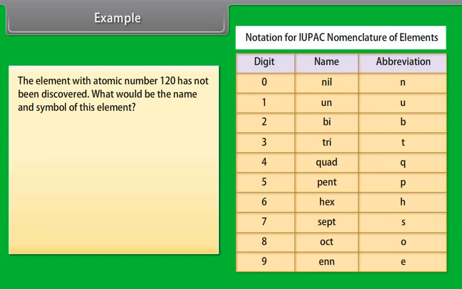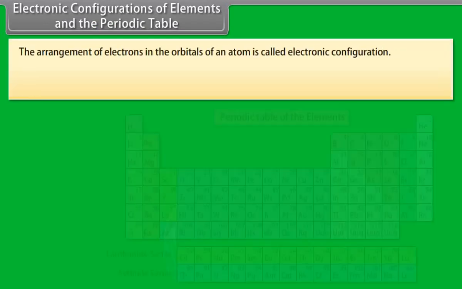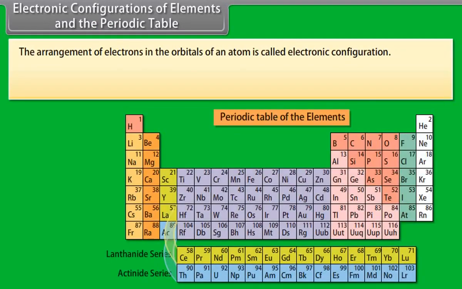There are 18 elements each in the 4th and 5th periods and they are called long periods. The 6th period, containing 32 elements, is called the longest period. A vertical column of the periodic table is called a group. Elements belonging to the same group are said to constitute a family. For example, elements of group 17 constitute the halogen family.